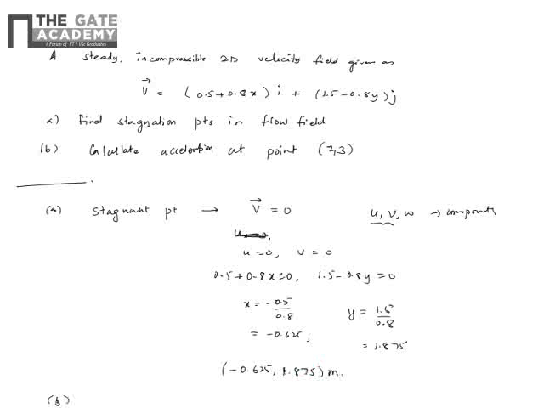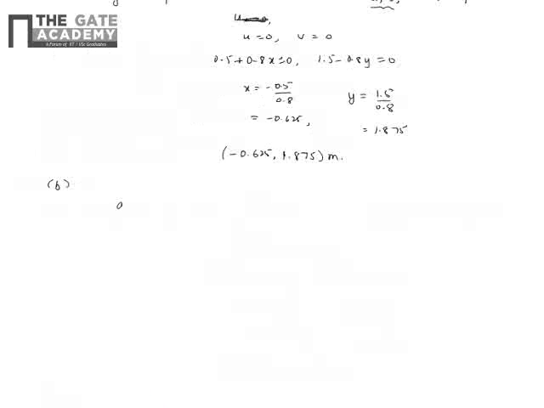Okay, now acceleration. We have already derived that equation, so let's calculate the acceleration terms. ax is dou u by dou t plus dou u by dou x times u plus dou u by dou y times v. I'll not use the z terms because it's only a 2D problem, so even if I write them, these terms will be 0.